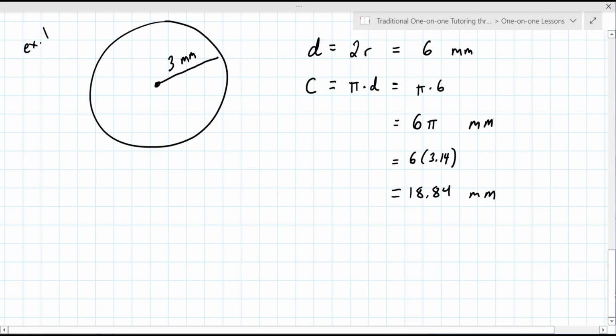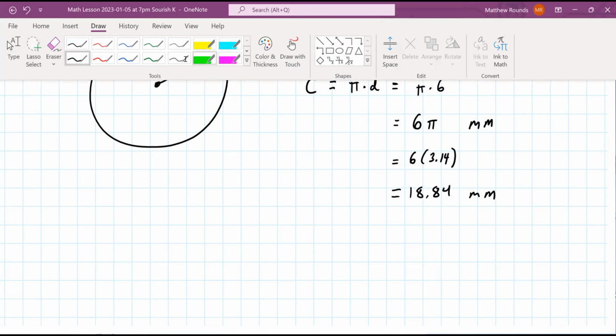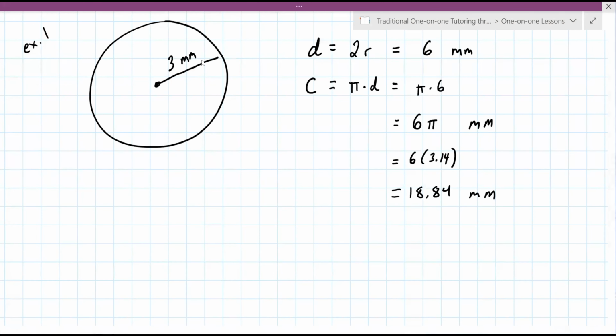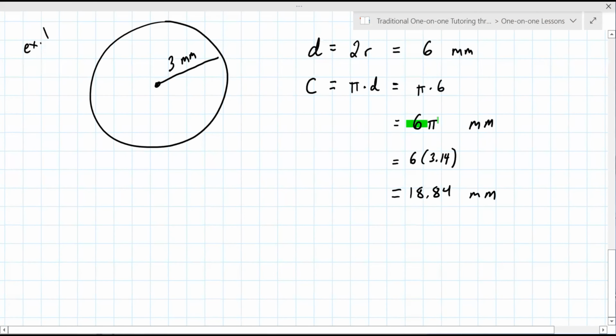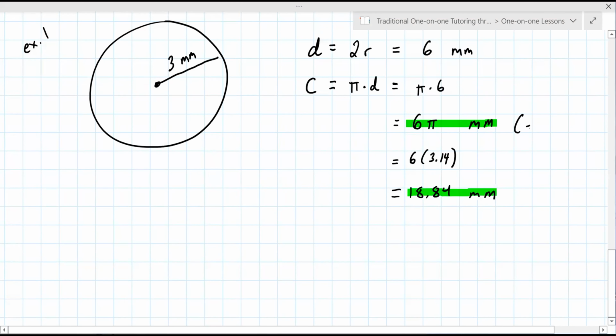So there's actually two ways to present the answer, and they're both correct: 6 pi millimeters and 18.84 millimeters. Now here's the difference. The first one is considered exact, and the second one is considered an approximation. Do you understand what I mean by the word approximation?